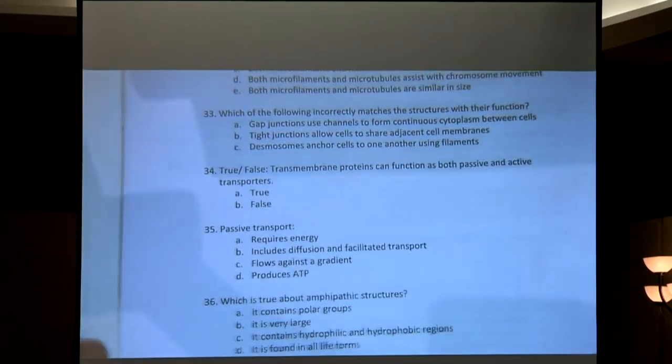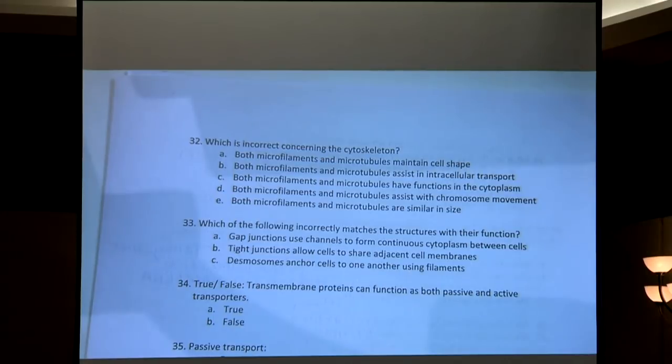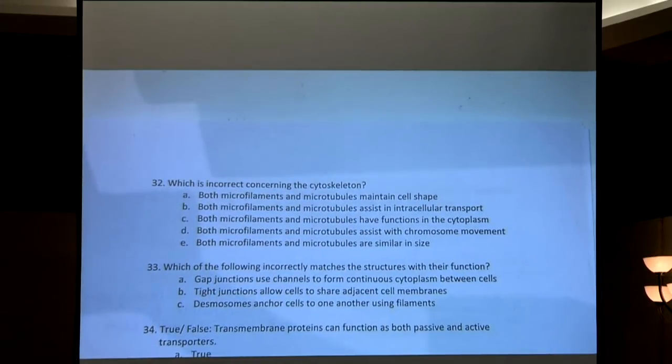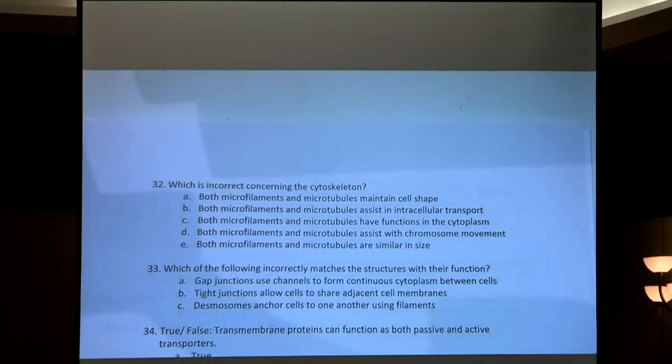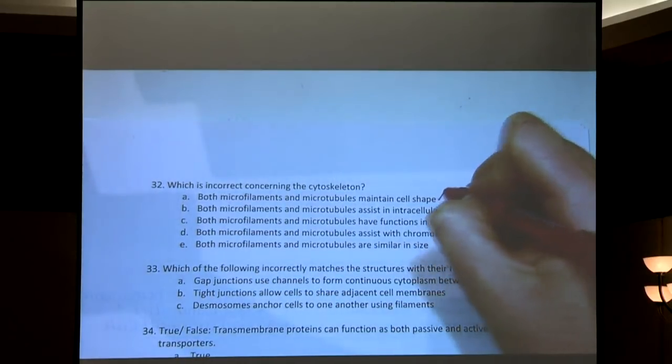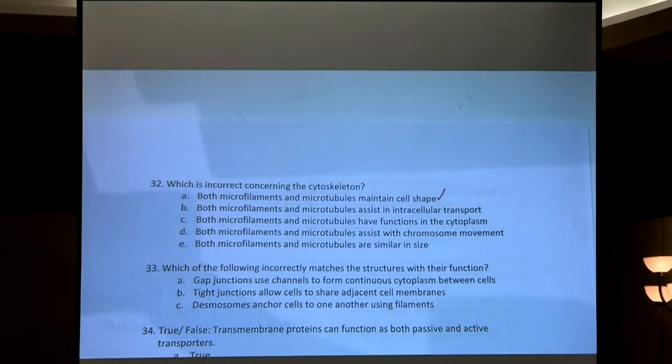We also had some questions about our cytoskeleton. All right. So in the case, which of the following is incorrect concerning the cytoskeleton? So both our microfilaments and microtubules help maintain cell shape. Is that true? So that is true. All right. Cytoskeleton, kind of think about your skeleton.